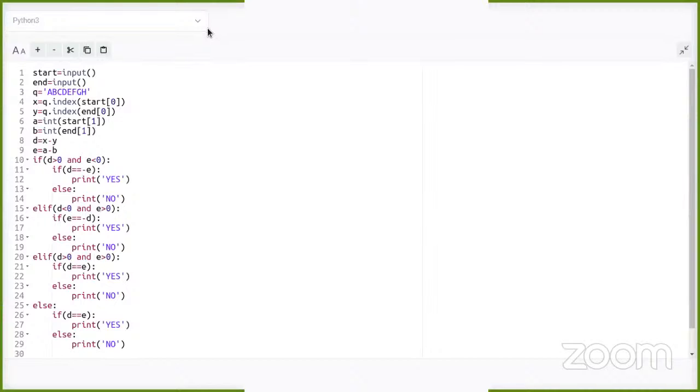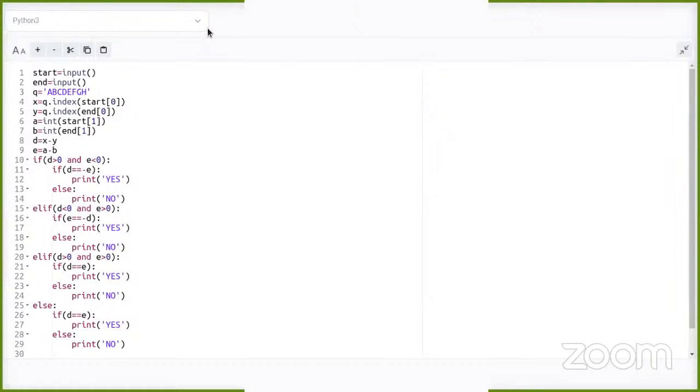Yeah, the row difference will be given by these indexes. The start of 0 and end of 0 represent the alphabets, right? So the difference between x and y gives the row difference.